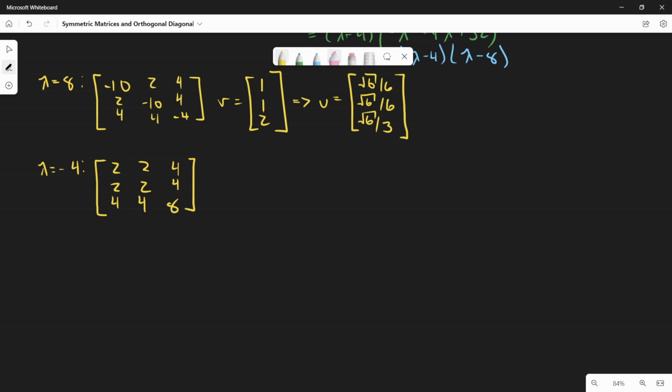And we can see here that the first row is the same as the second row, and it's also double the third row, so that means it has a rank of 1. So that means the nullity is equal to 2, which is great, which is what our multiplicity is. So we can still continue with the diagonalization.